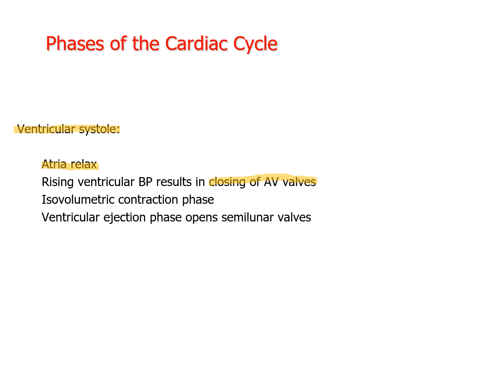And now you get a period where all of the valves are closed, and you have what is called isovolumetric contraction. What that means is it's a closed chamber. All the valves are closed, so the two ventricles are closed chambers at this point.